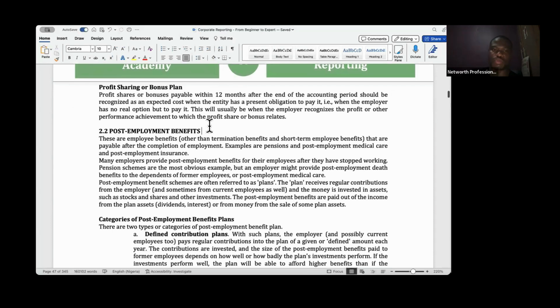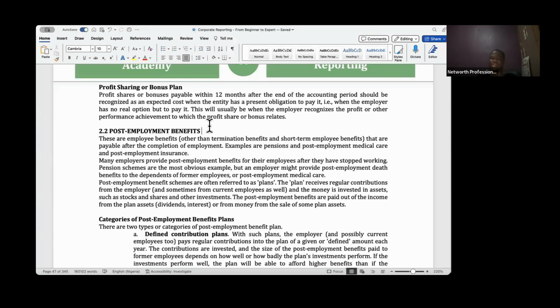Then we went on to the post-employment benefit. Majorly, these are benefits that are paid or payable to an employee at completion of employment, usually at retirement. A typical example would be the pension that you get.